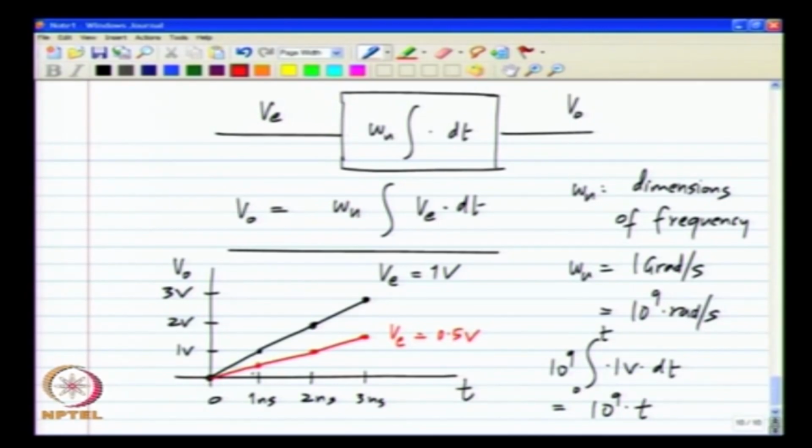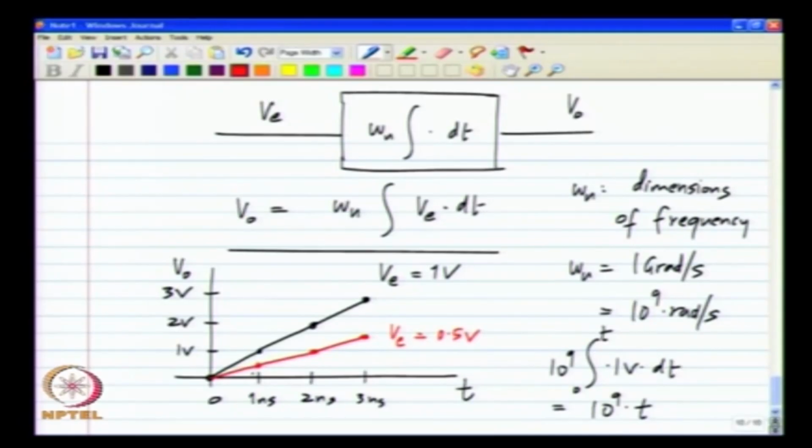So, that is the behavior of an integrator. If the input is larger, the output will rise faster. If the input is smaller, the output will rise slower. Similarly, if the input is negative and large, the output will fall very quickly. If the input is negative and small, then the output will decrease, but rather slowly.